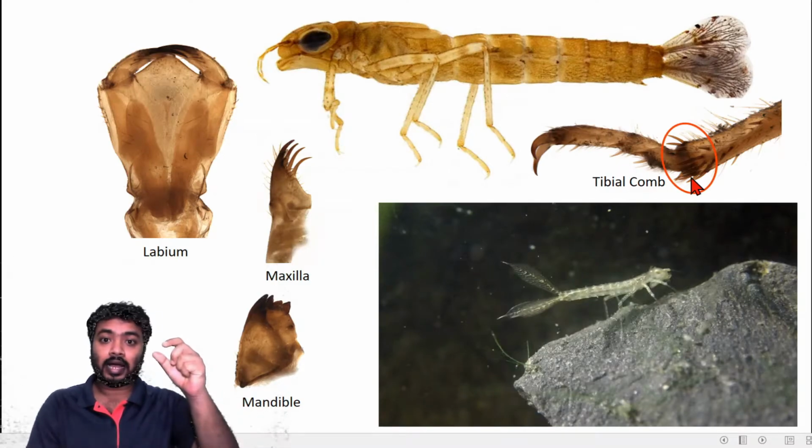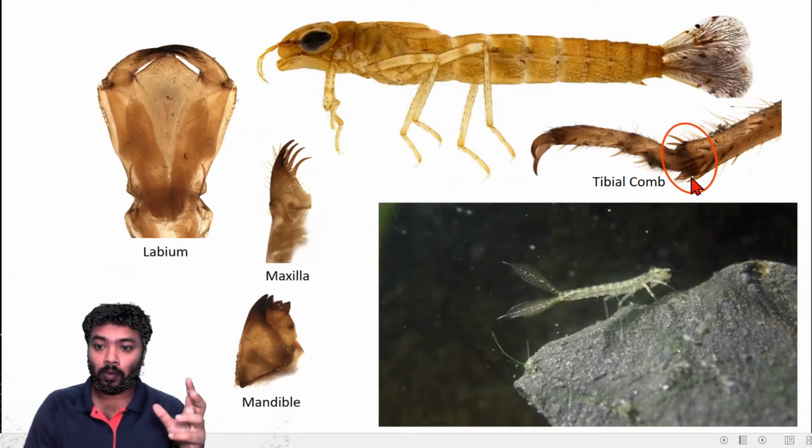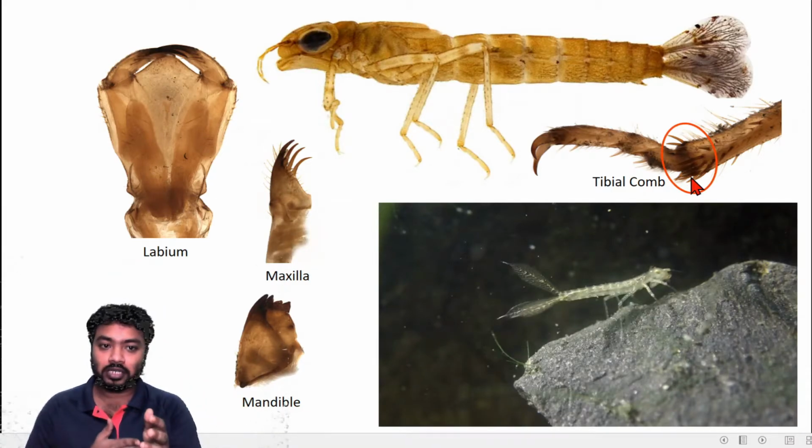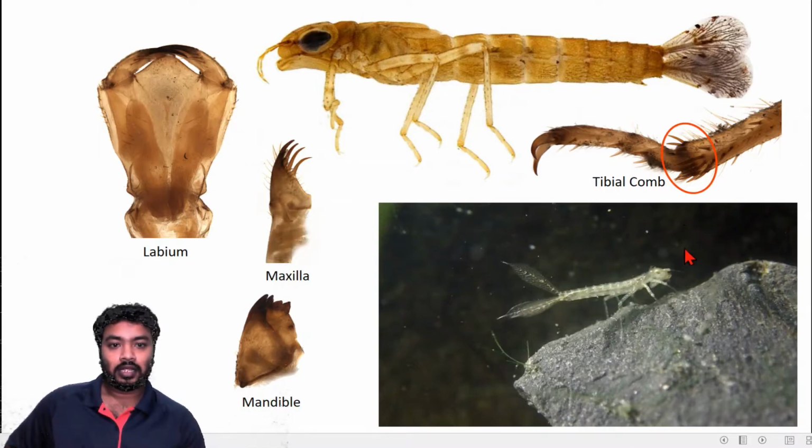These arranged spines function like a comb to groom themselves. The larvae use these spines to clean their face and sometimes their antennae. In this video, there is a video of this species of larva grooming itself. I will show you that.